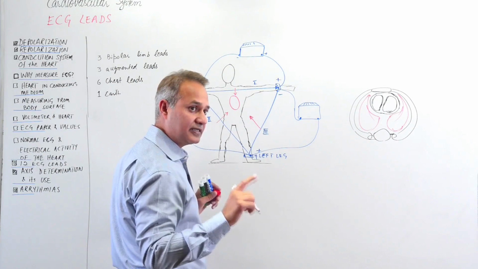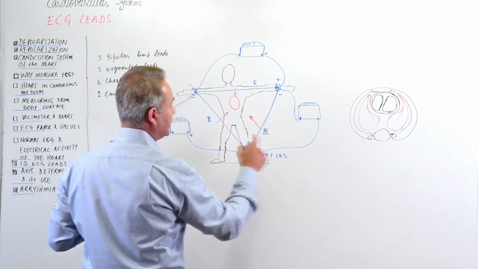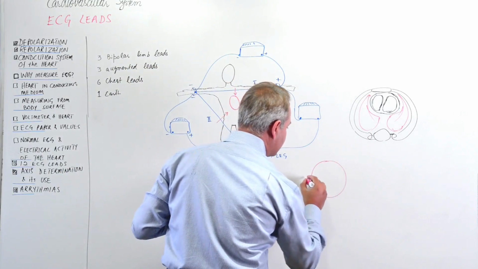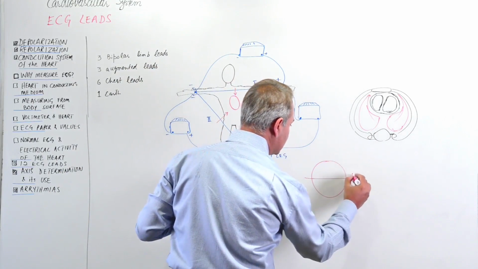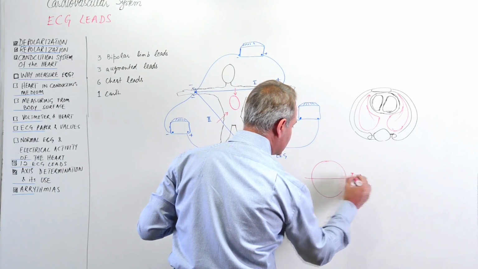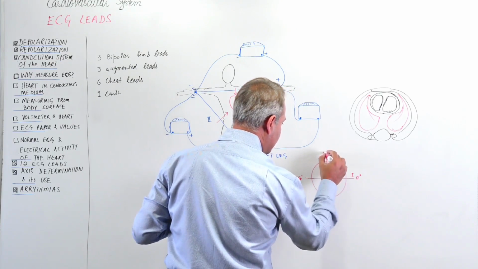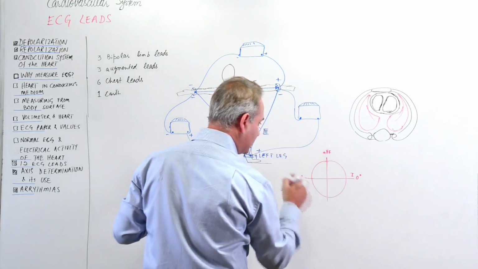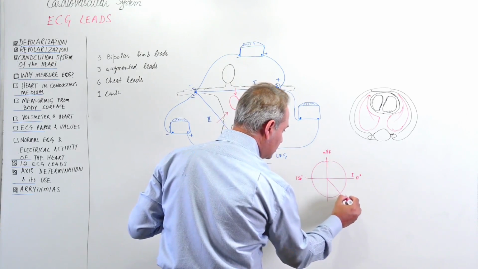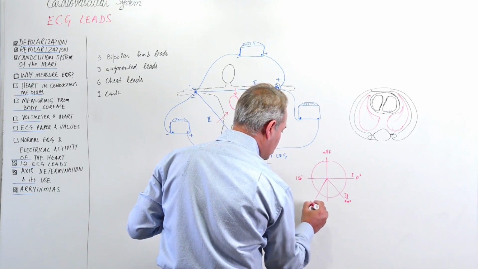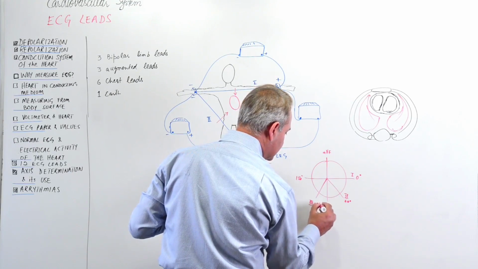Remember the cardiac axis lecture in which we said if I draw this on the cardiac axis, the horizontal axis was lead 1, 0 degrees to 180 degrees. Then vertical was lead aVF, we'll draw that right now, and then lead 2 was 60 degrees and lead 3 was 120 degrees.